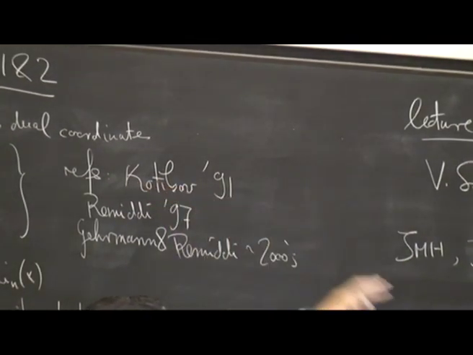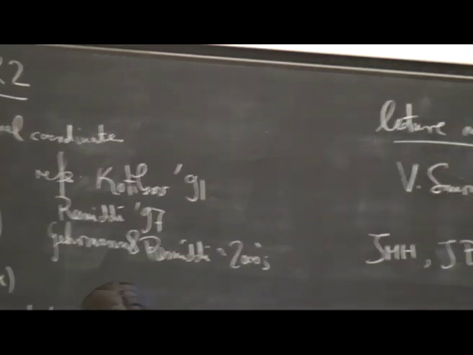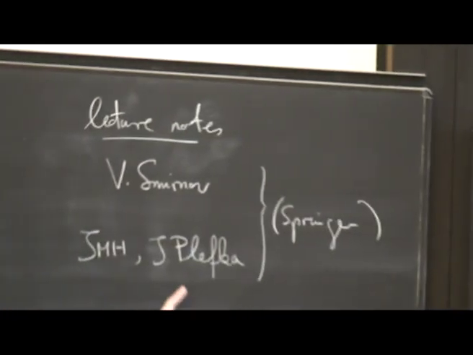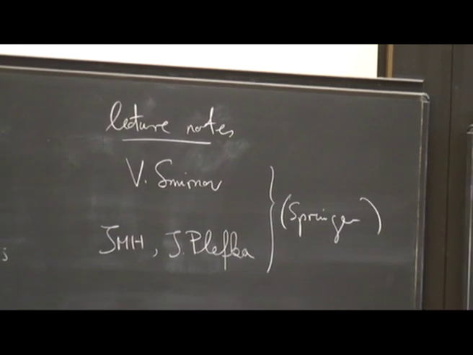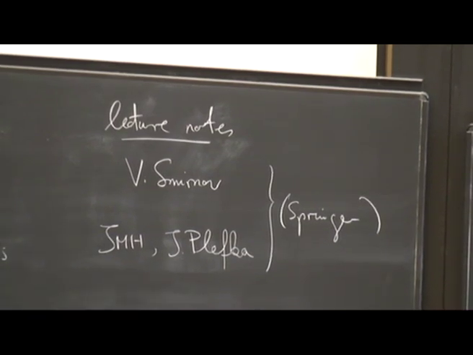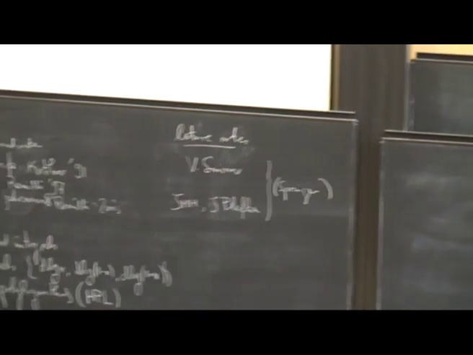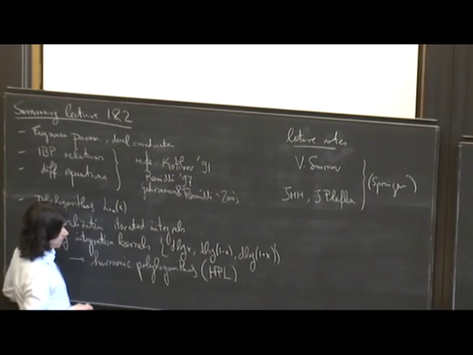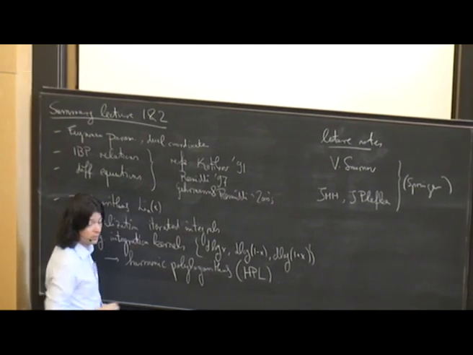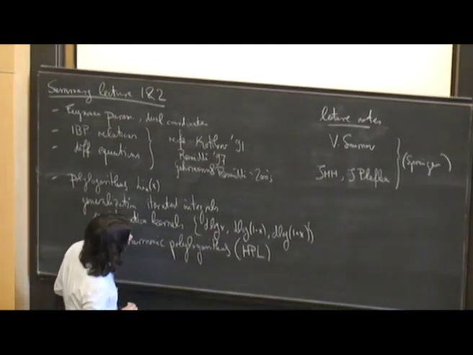In these two lectures I was following some lecture notes which appeared in spring, together with Jan. So if you want some more details which I didn't have time to cover yesterday, I was following closely these lecture notes.